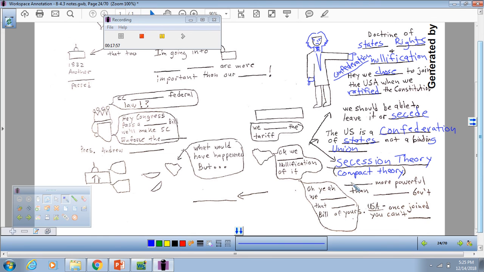John C. Calhoun was an advocate of states' rights, and under the compact secession theory, states should have more power than the federal government. Now, it turns out that John C. Calhoun and all the other states who wanted to secede were wrong. The USA is a union, and once joined, you can't leave.